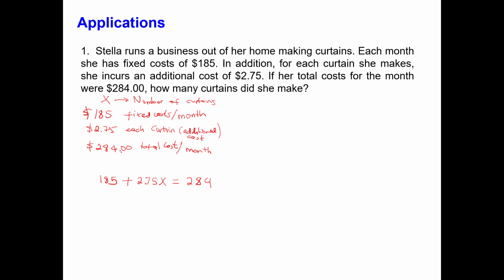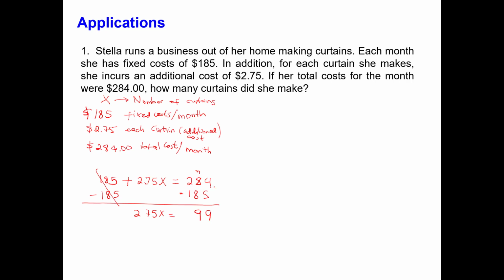To solve the equation, we need to subtract 185 on both sides. 2.75x equals 284 minus 185. 14 minus 5 is 9. 17 minus 8 is 9. 1 minus 1 is 0.